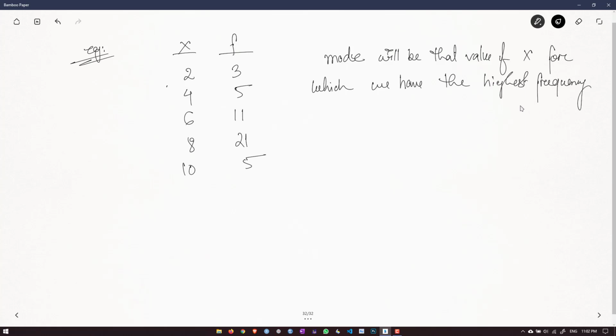So mode will be that value of x which has highest frequency. So in this case, out of 3, 5, 11, 21, 5, obviously 21 is the highest, right? So what will be the mode? Mode will be equal to 8, right? That means the value 8 has occurred the most number of times, so it will be your mode. So that is for discrete. Now what happens for grouped class interval?